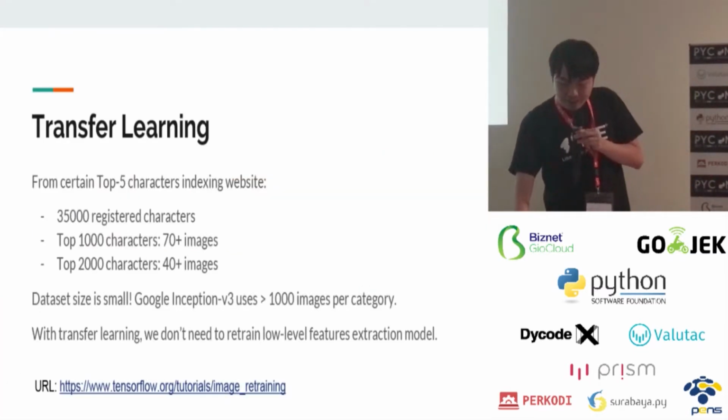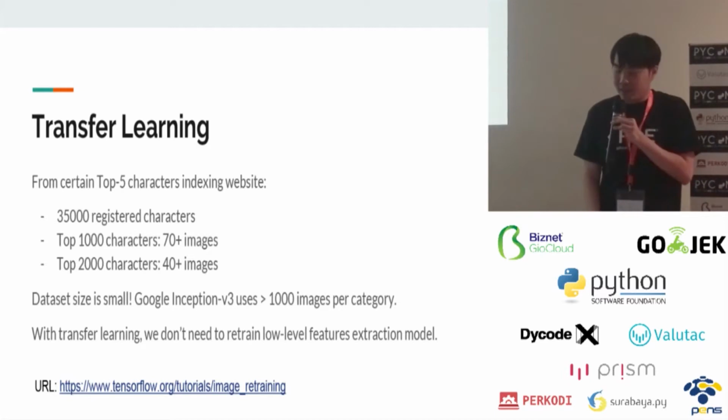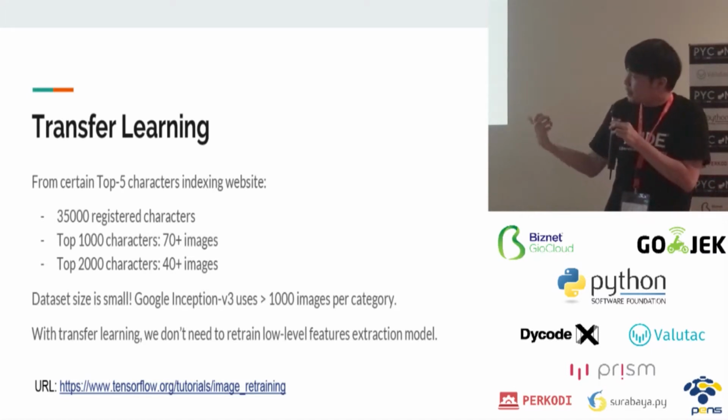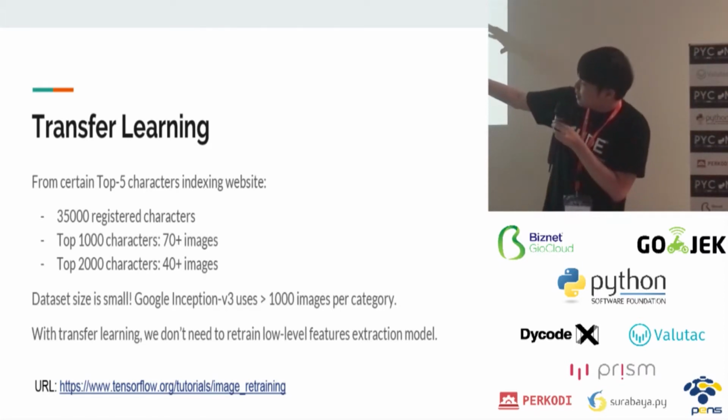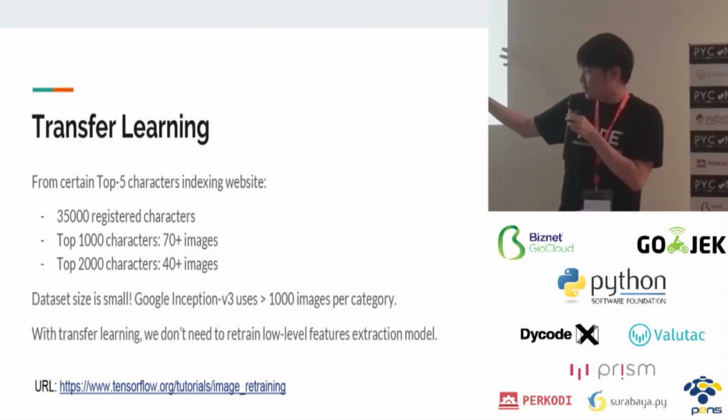If you remember in the title of my talk, I talked about transfer learning. So the transfer learning is pretty useful if your dataset size is small. In this case, why I use transfer learning for this problem is because in the anime characters, the top characters have a very small number of images in the dataset.